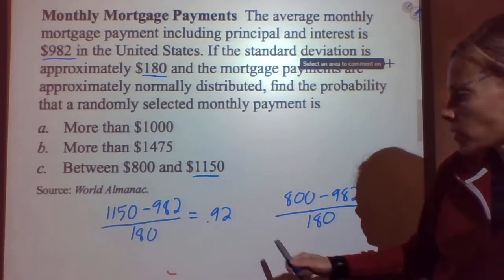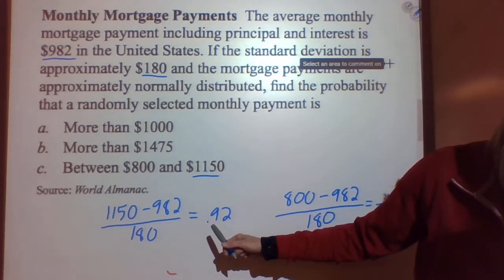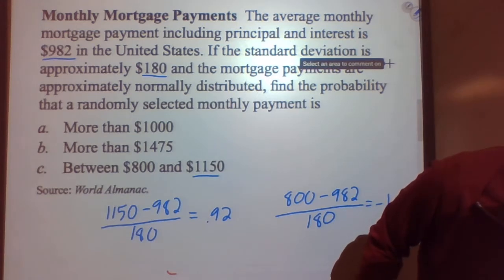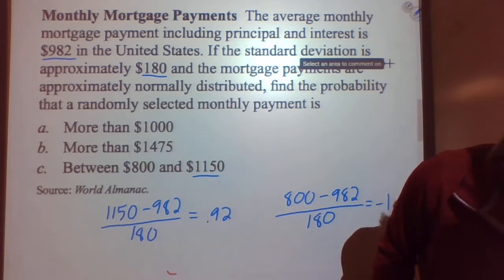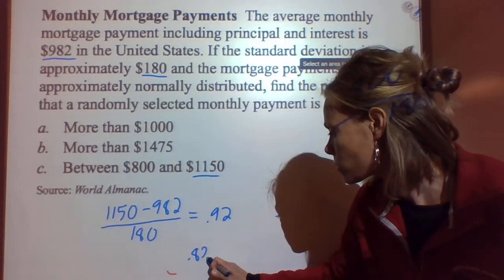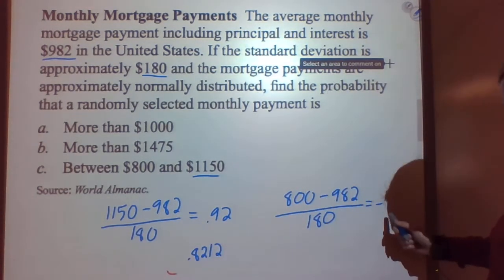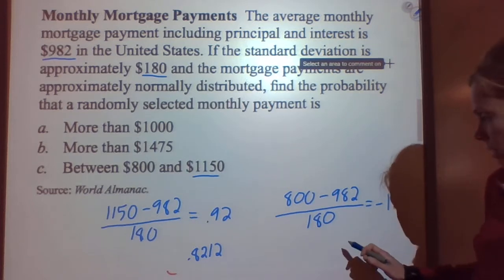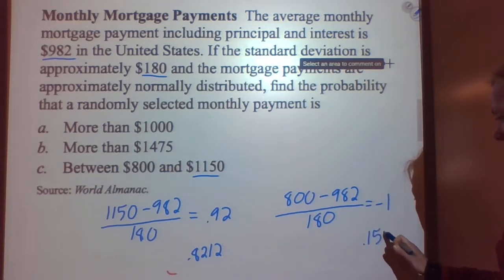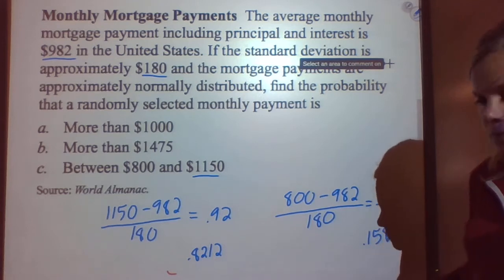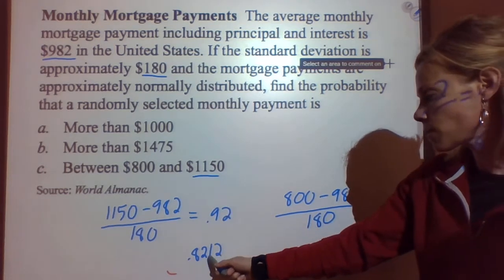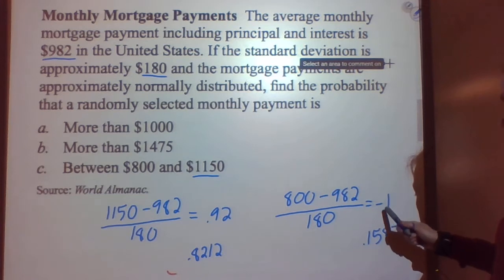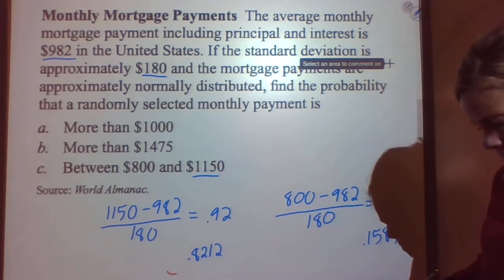So now, look up the z-score 0.92. 0.8212. Look up the smaller z-score, -1. 0.1587. And then what do I do? I subtract them, right? I look up the bigger z-score probability, I look up the smaller z-score probability, and I subtract them. That's how you do area in between.